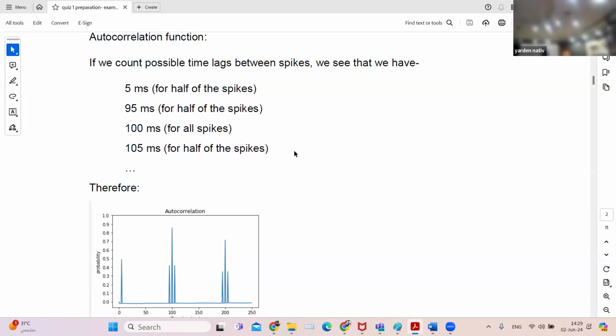So the 200 will move above the 5, and the 205 will be later. And here there will be the 300, and 305 will be here. Here, 400, and here, 405.